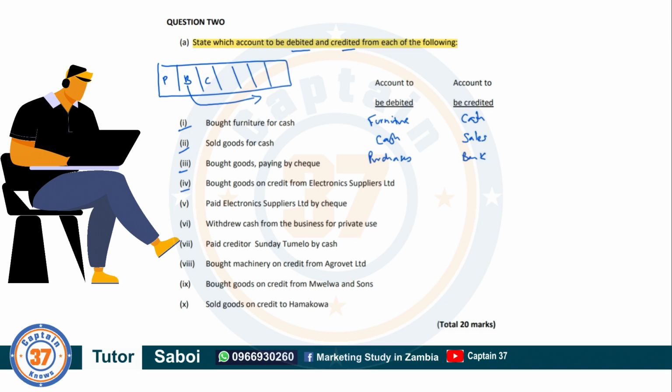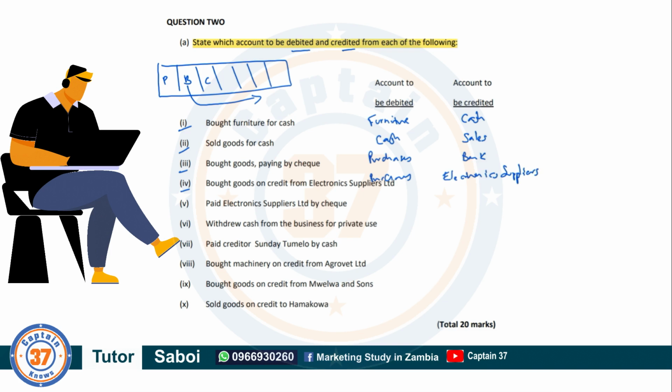Number 4, bought goods on credit from Electronic Suppliers Limited. Bought goods. What are we bringing? We purchased. So purchases is what we put here. I hope you can see that. Purchases. And on this side, we are going to write electronic suppliers.